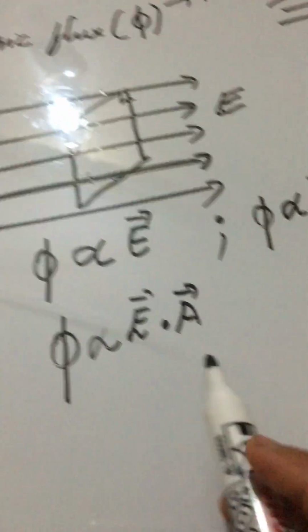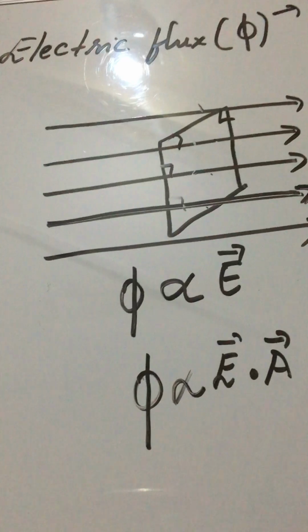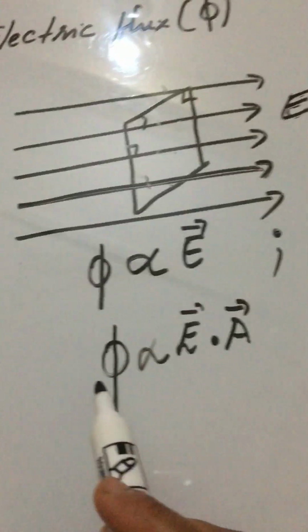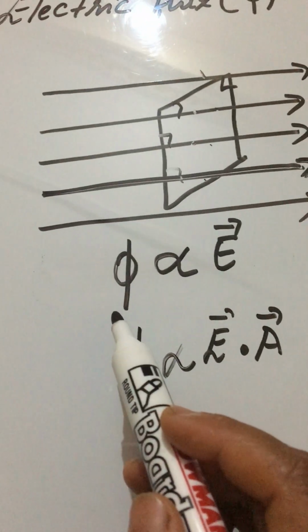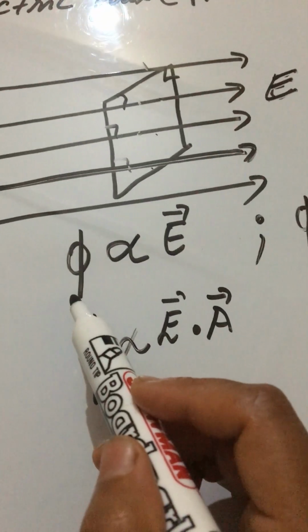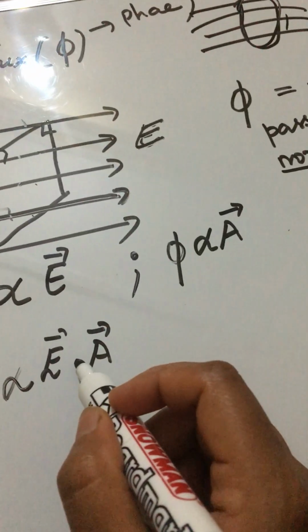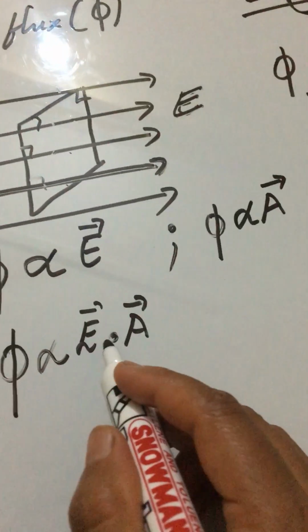See, we have two types of product. One is dot product, another is cross product. Cross product comes when two vectors are multiplied and the answer is also a vector. But in this case, phi is a scalar quantity. As it is a scalar quantity multiplied from two vectors, we have to choose the dot product, which is a scalar product.